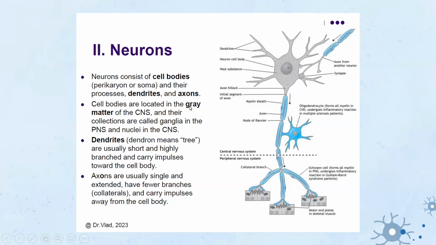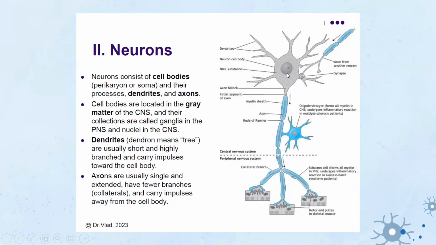Cell bodies are located in the gray matter of the CNS, and their collections are called ganglia in the PNS and nuclei in the CNS. And we'll get to that. But what they refer to here is that you can find these cell bodies in the CNS, in other words the brain or the spinal cord, in the gray matter. So the gray matter is full of these cell bodies.